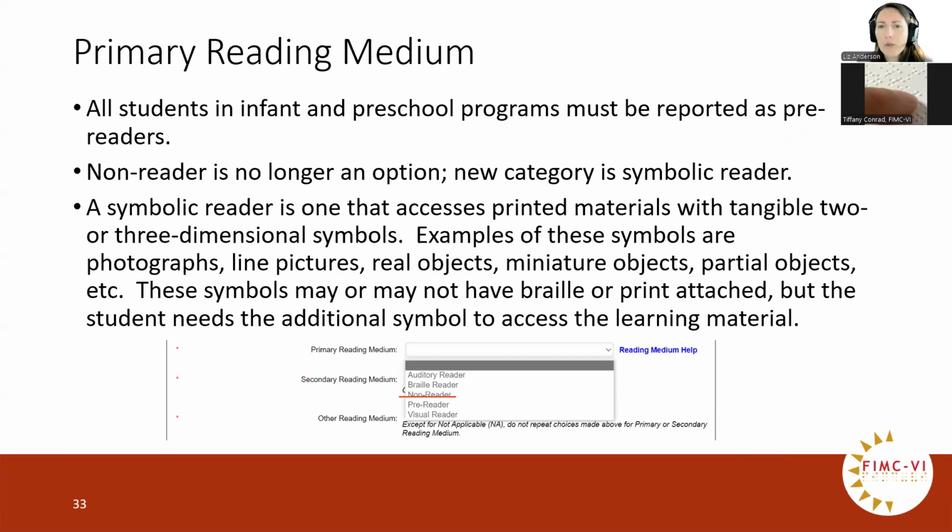Examples of these symbols are photographs, line pictures, real objects, miniature objects, partial objects, etc. These symbols may or may not have braille or print attached, but the student needs the additional symbol to access the learning material. So that definition was provided by APH. That is the primary reading medium. So you're going to pick one of those options provided.